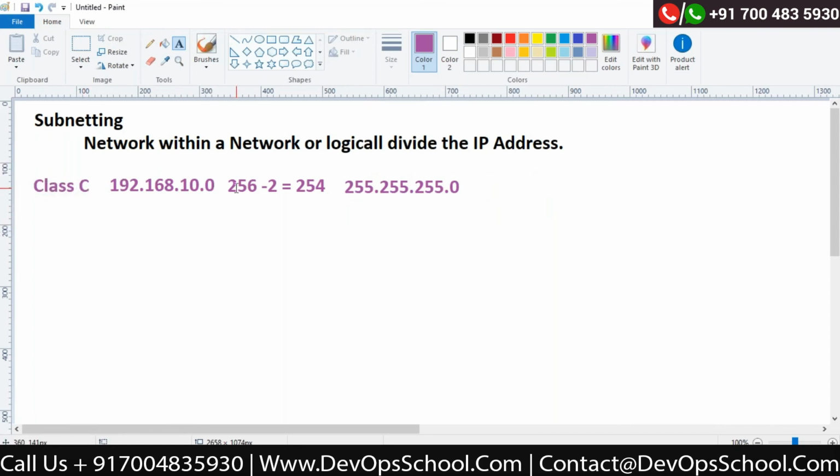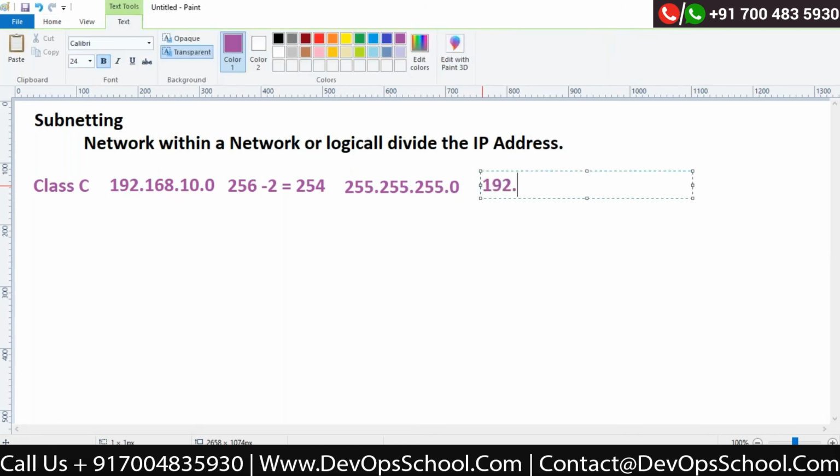By default, it gives me 256 IP addresses. Out of that, two I cannot use: one is the broadcast and one is the network ID. The default subnet mask would be 255.255.255.0, and the default CIDR notation would be something like this.